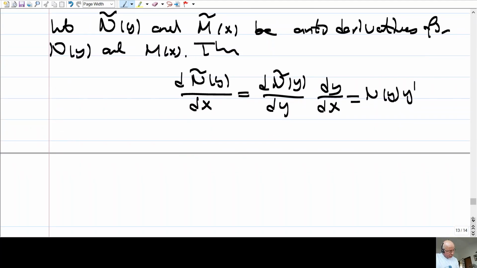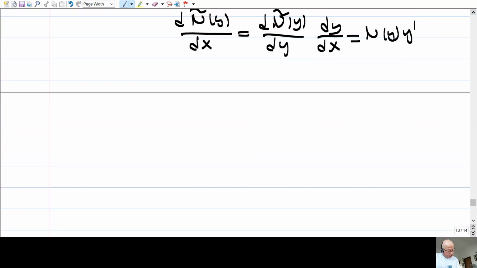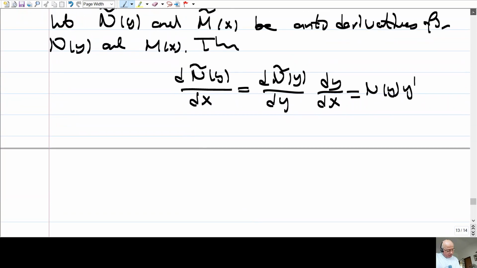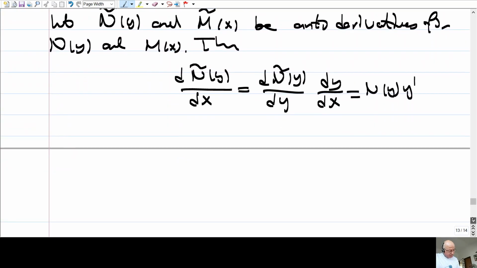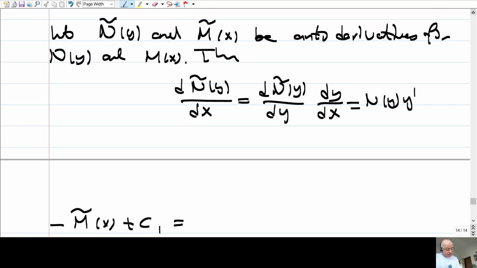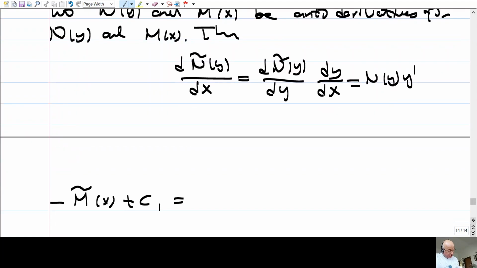The integral of the right hand side is just minus M tilde of x plus a constant, and then the integral of this expression, which is this, is the integral of this expression.